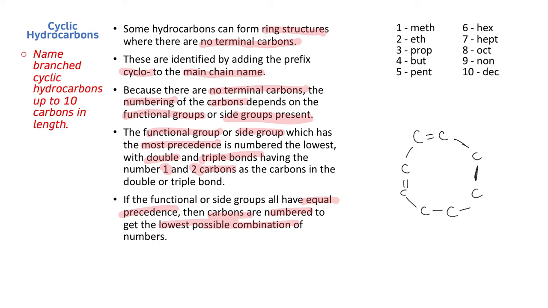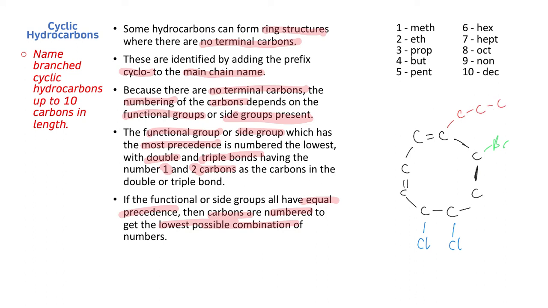There are 2 double bonds there, and so you have to work out how to best number it. I'm also going to put in some chlorines over here, maybe a bromine over here, and a side group here as well.